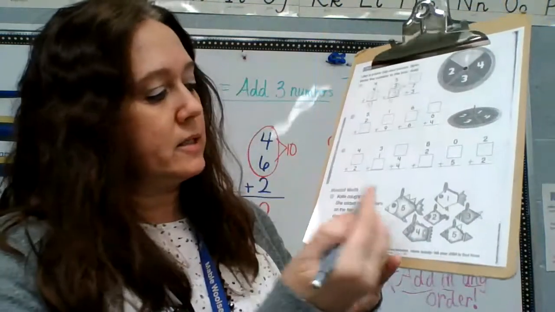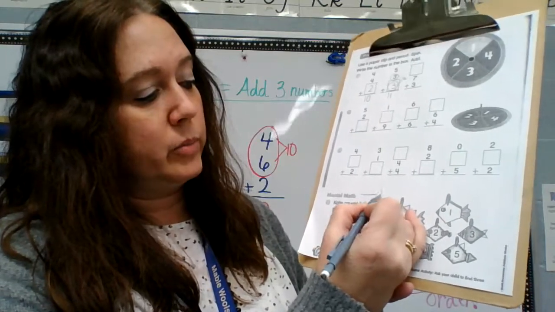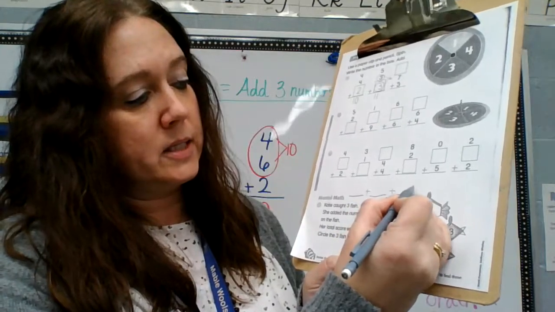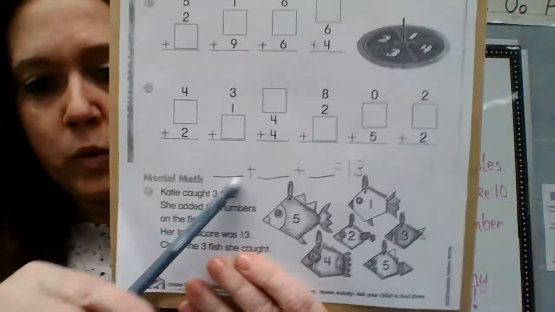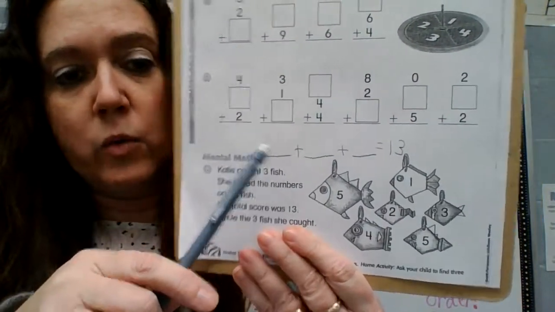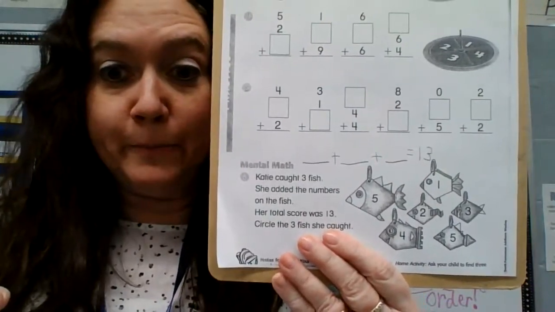You don't have to put this on your paper, so we need to figure out what plus what plus what equals 13. We need to figure out which ones would go in each blank, and they have to equal 13.